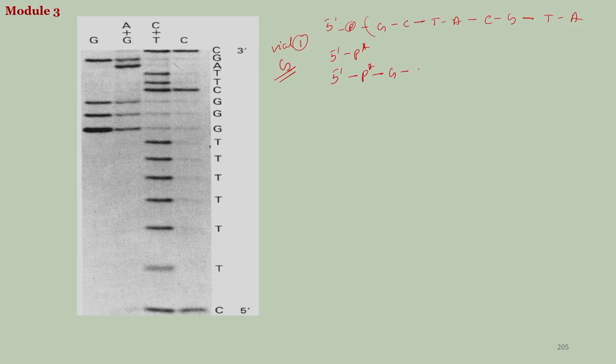Phosphate G C T A C C, because G would be chopped off here and that is all. So, this is about the fragments that we will get in vial 1. Now, vial 2, the treatment is the same, dimethyl sulfate plus piperidine.